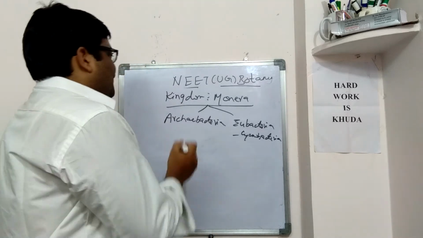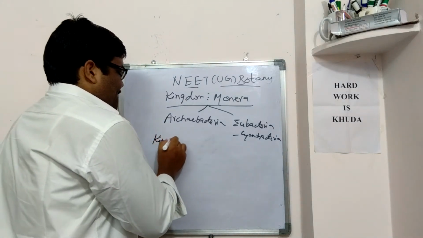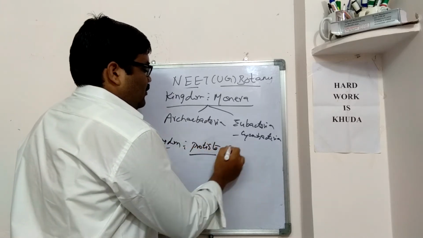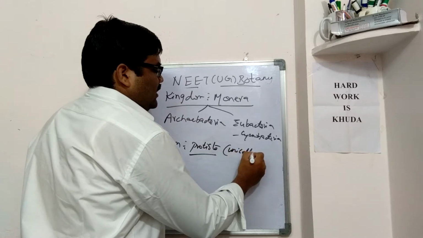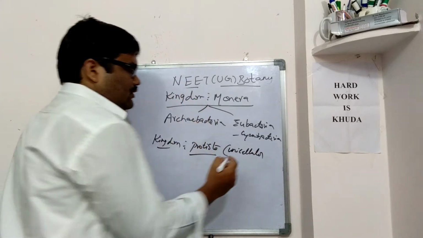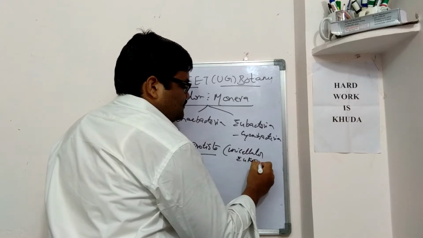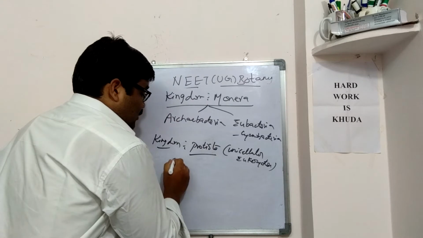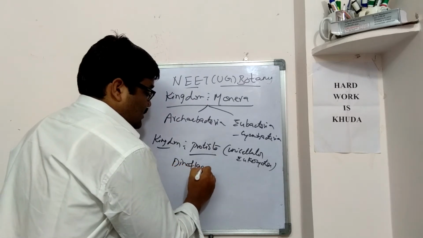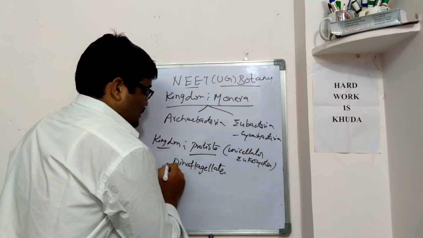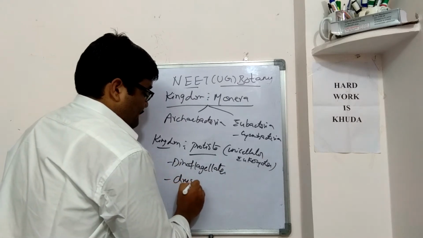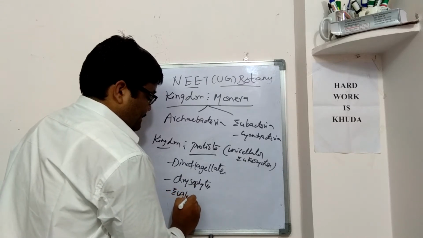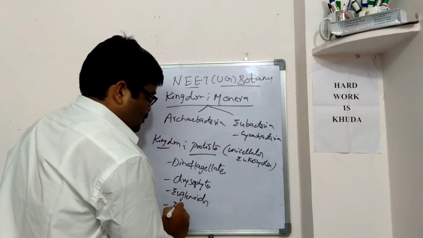Okay, then kingdom Protista. I told already they are unicellular eukaryotes. The significance of the kingdom you have to know: unicellular eukaryotes. It includes organisms like dinoflagellates, chrysophytes, euglenoids, protozoans.